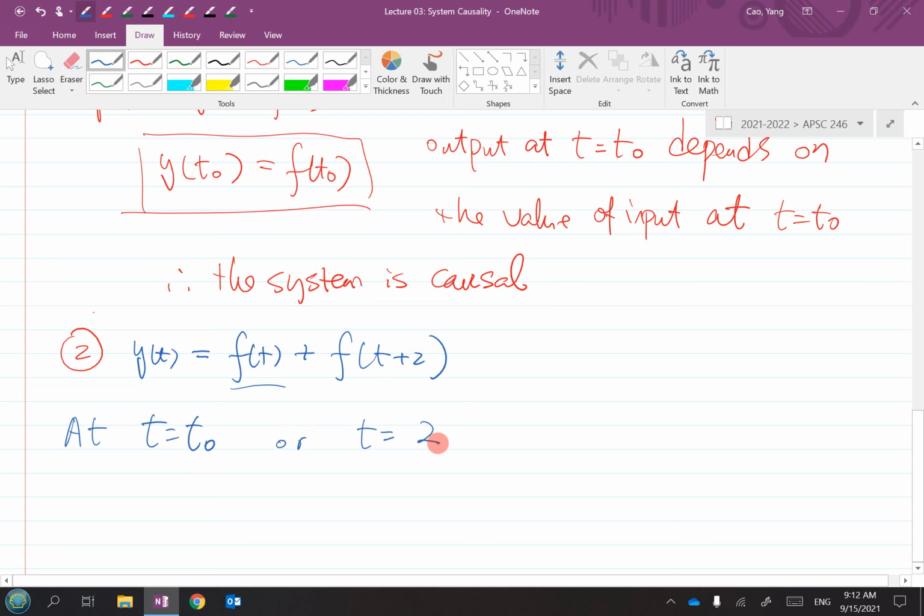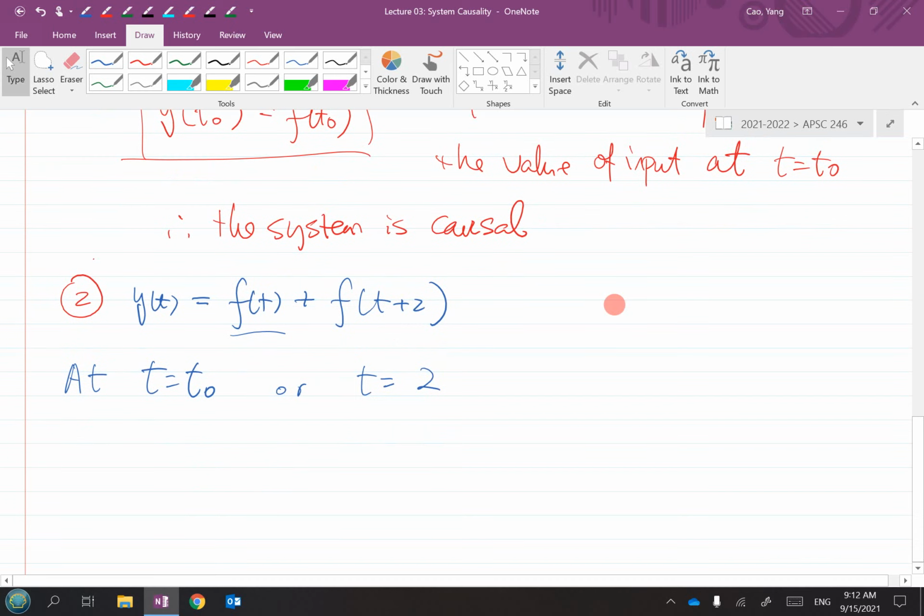That's perfectly okay. I know a lot of times students are not comfortable with pure symbols. So what is the value of our system output at t equal to 2?